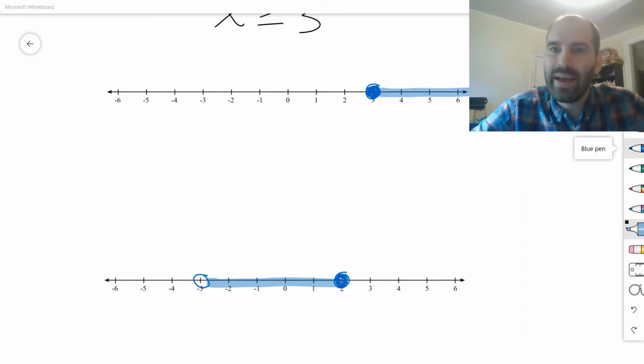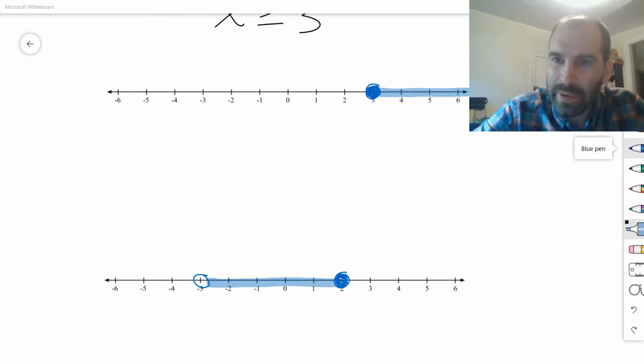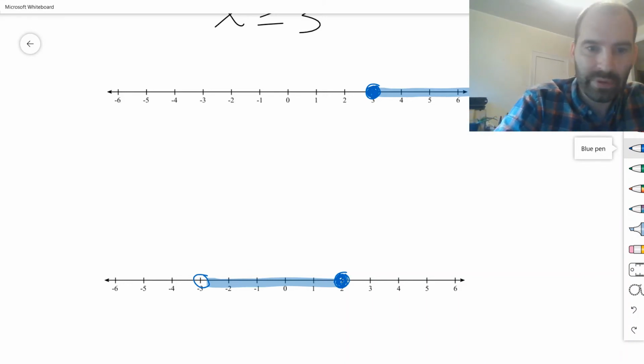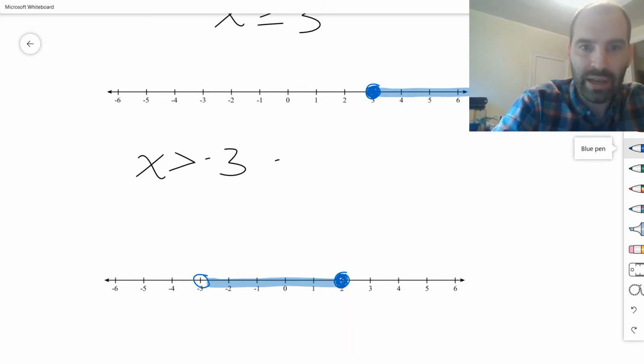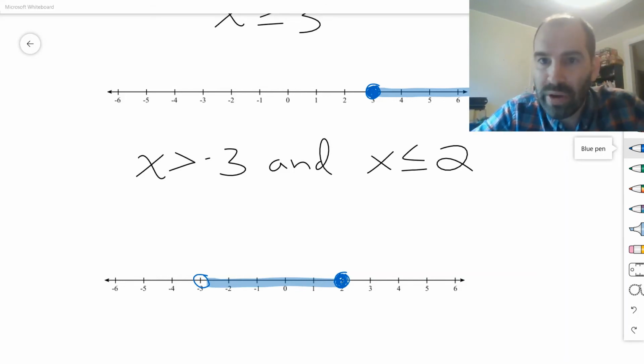Now, how would I write that as an inequality? Well, I see I've got numbers greater than -3, and I see I've got numbers less than or equal to 2. So anything in that range is both greater than -3 and less than or equal to 2. So that is one way to write this down. All right, so you could say x is greater than -3 and x is less than or equal to 2. That's one way to write it.